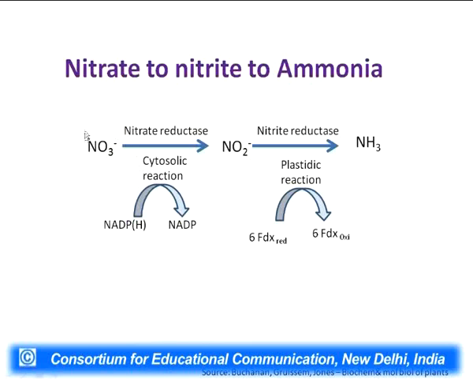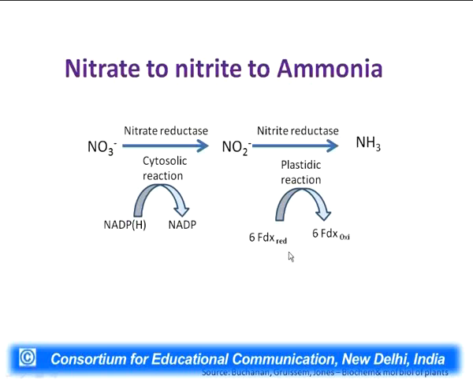If you look into the requirement, here nitrate to nitrite is one reduction step. It requires only two electrons to convert. So, if you have NADPH, it can form into NADP and then it can do the reaction. Whereas, nitrite to ammonia requires six reduction potential.